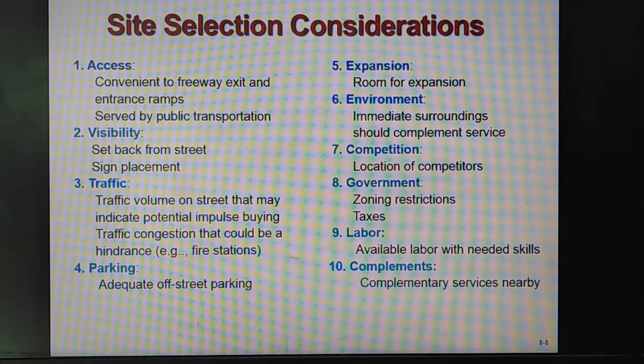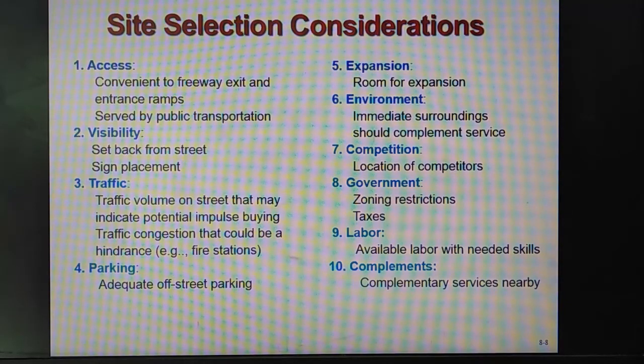The fourth site selection consideration is parking. Of course, most customers are driving physically to the site, so parking is an absolute must that should be available for the service.